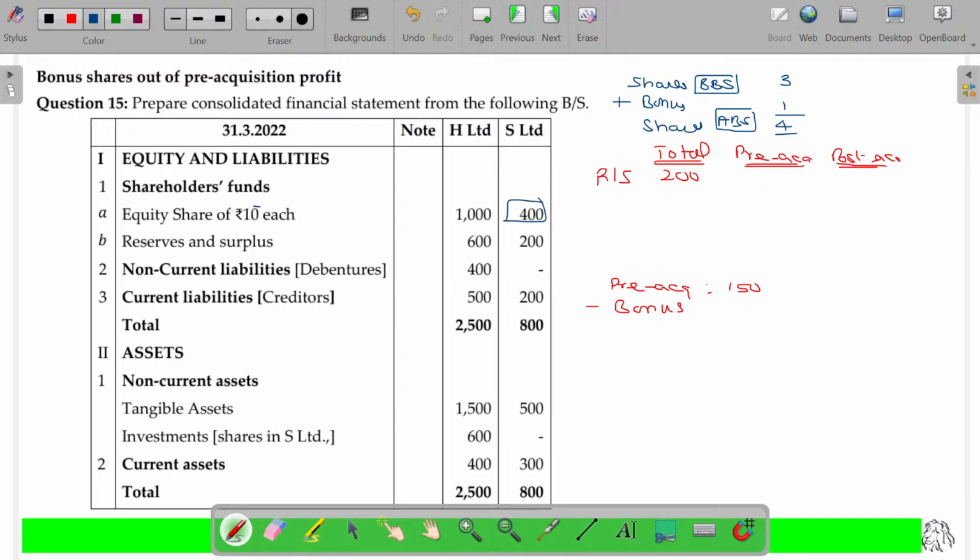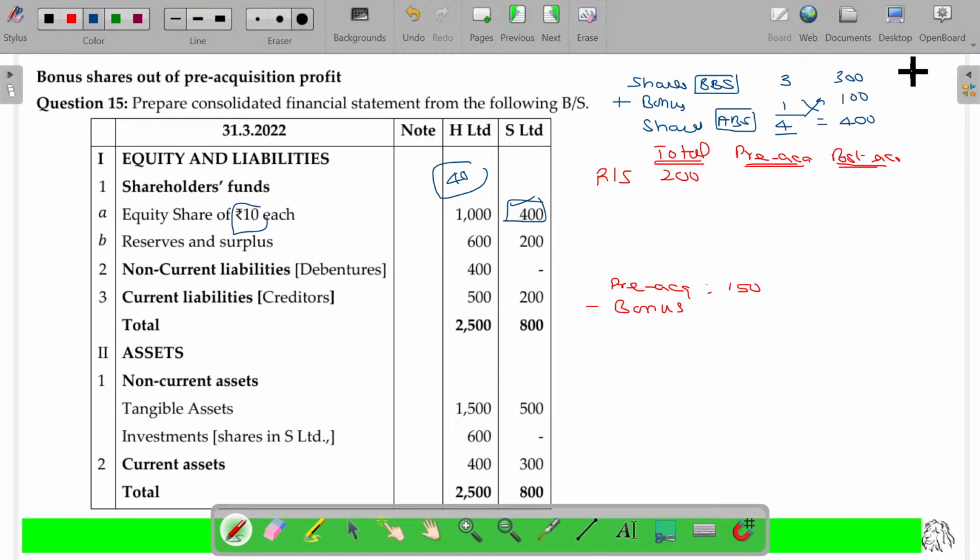400 rupees, 10 rupees each means 40 will be the overall shares as on which date? Year end. Year end means the bonus share is already declared and it is included here. This 400 includes bonus share also. So 4 is nothing but this 400. Out of that, bonus share being how much? 100, and this share being 300.